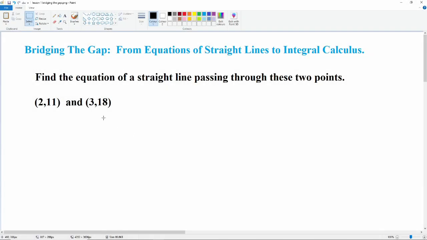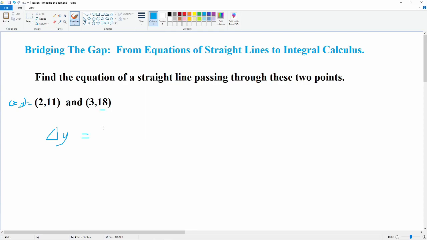Okay, so we're asked to find the equation of a straight line passing through these 2 points, 2, 11 and 3, 18. This time we can dispense with the graphs. So we've got delta y, or change in y, is equal to, alright, so these are our x and y coordinates. Let me just draw this in here. x comma y equals, right, so these are our y's.